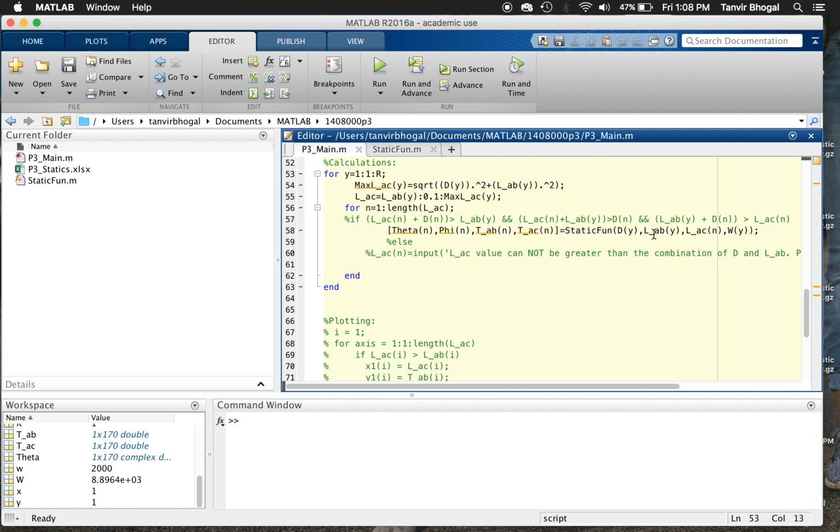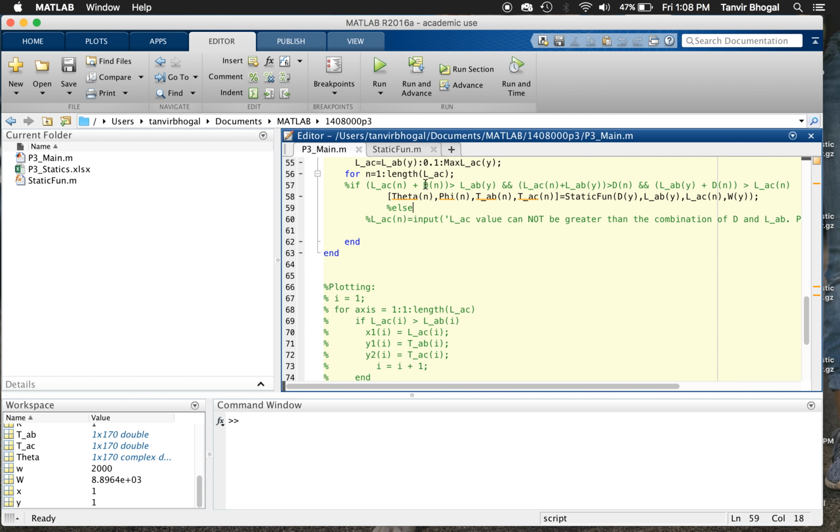We don't want these to be n's because we don't want it to run for every single value of the array, because there would be more values in the array than there would be in our Excel file, hypothetically.